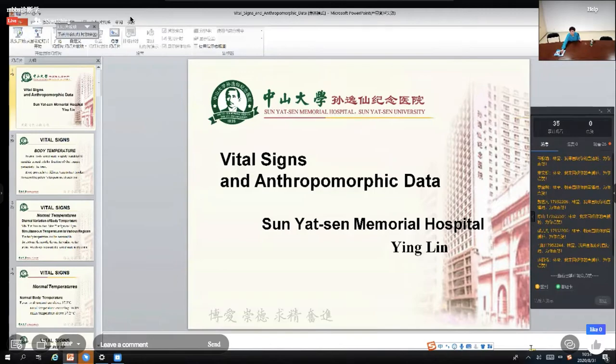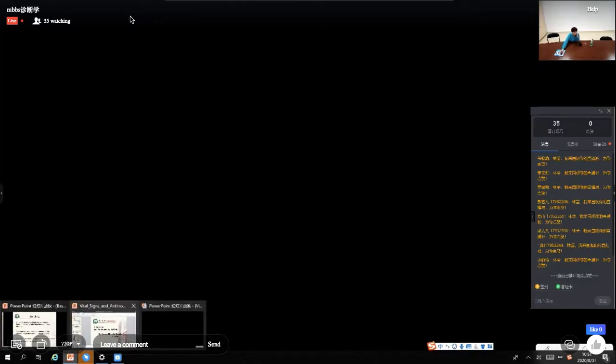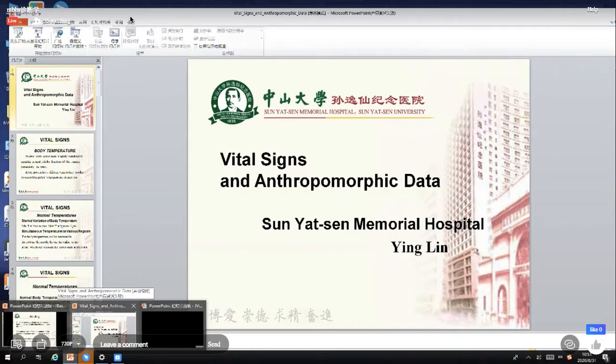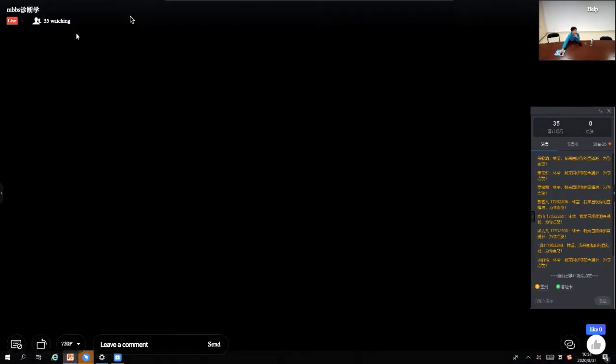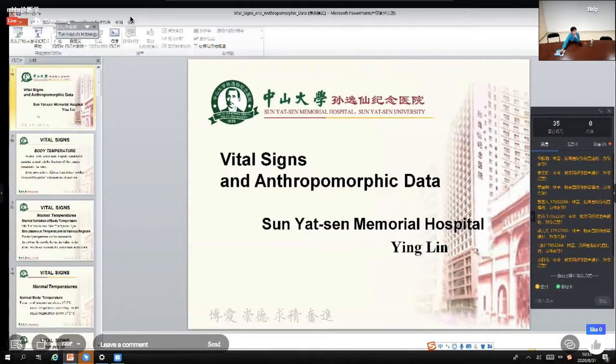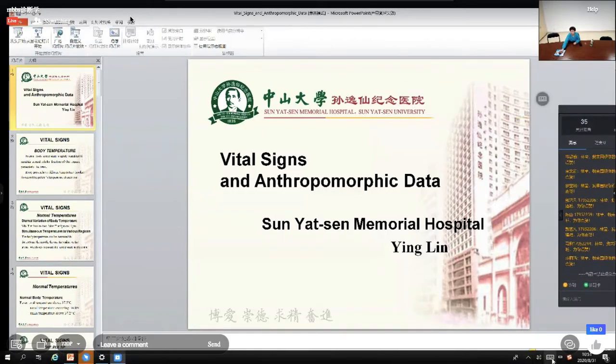It doesn't work. Why doesn't it work? I don't know what is going on here. But anyway, you can see my projector. You can see my PPT, right?